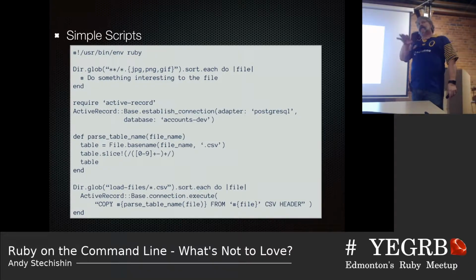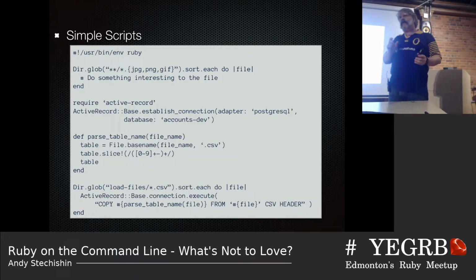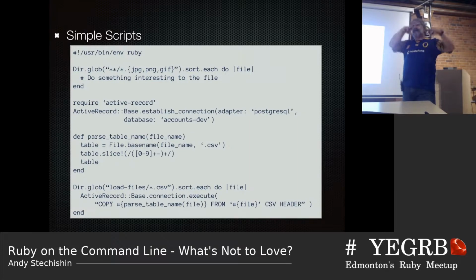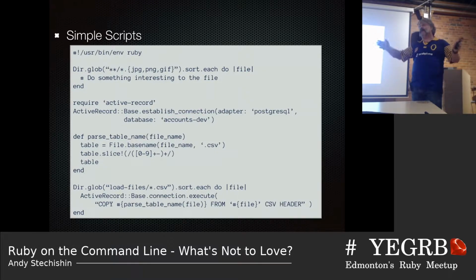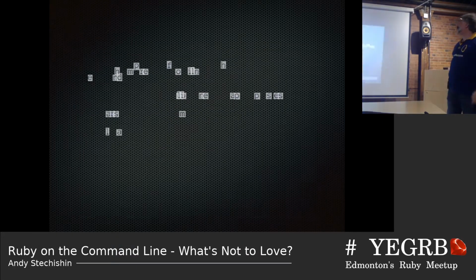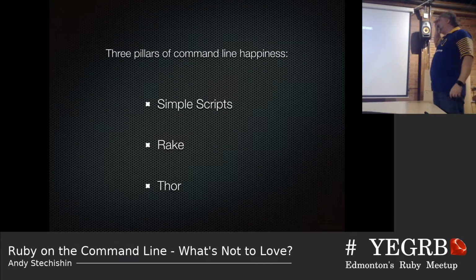So I had to do one once where I was pulling a list of people, and then I was running double metaphones on the names so that we could do matching, okay? And so I had to generate from the data that was coming in the double metaphone column, right? So you start working with CSV, and you read from the database, and then you're writing your own CSV file out, which you then use as an import after you've changed the table, right? So once again, that was simple scripts.